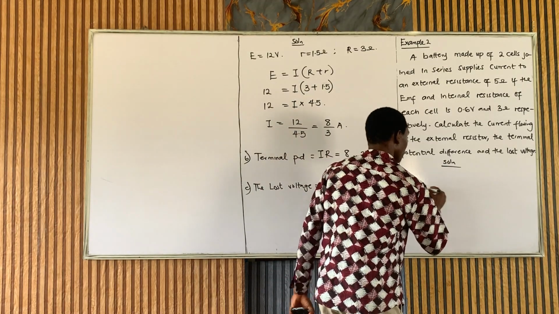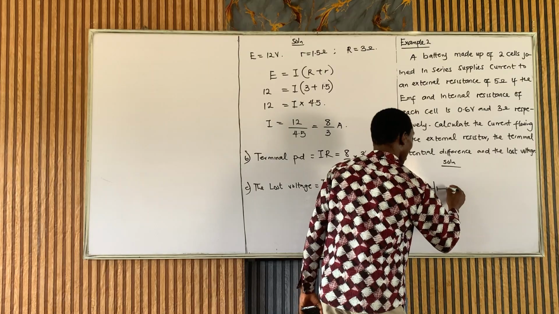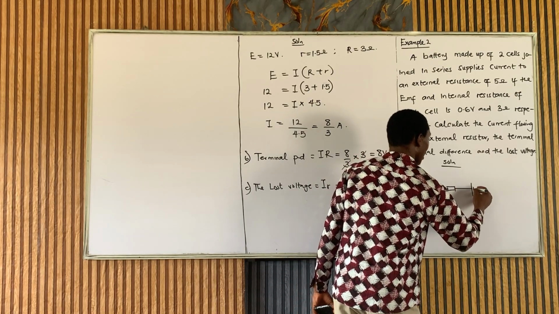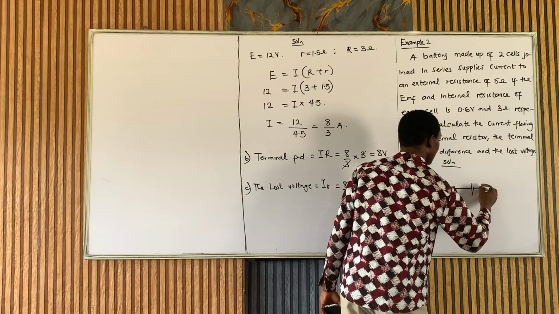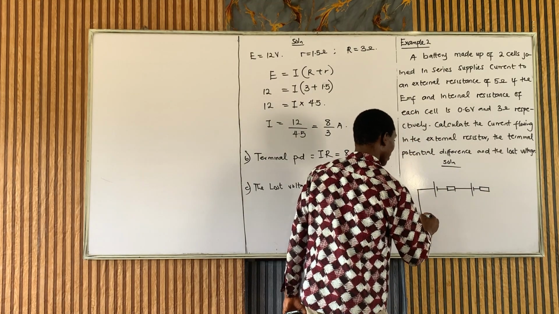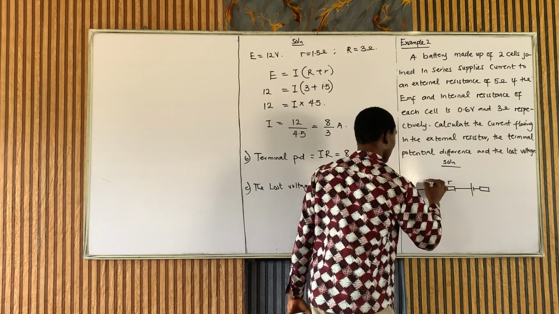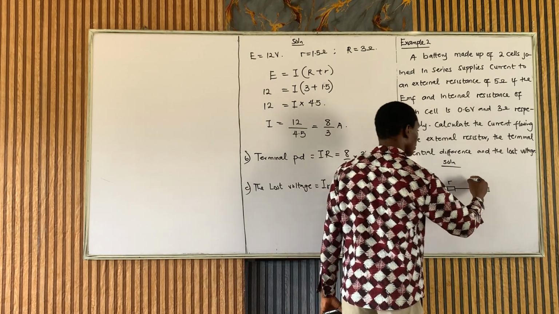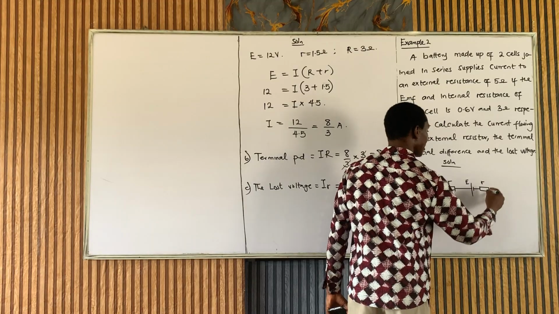So this is it now. The first cell and its internal resistor, and the second cell and its internal resistance. So now connected, this is the internal resistance, this is the first EMF. Fortunately, they have the same EMFs, 0.6 volts, 0.6 volts, and the same internal resistance.